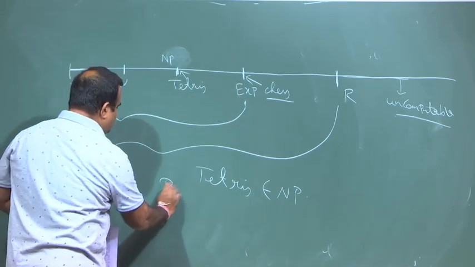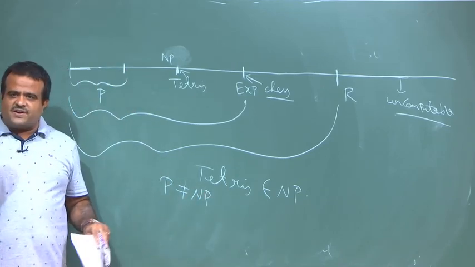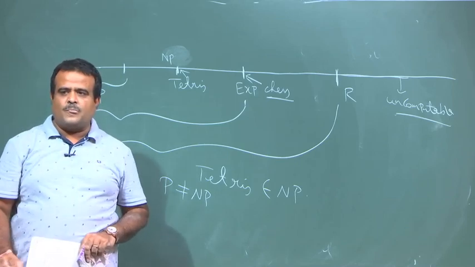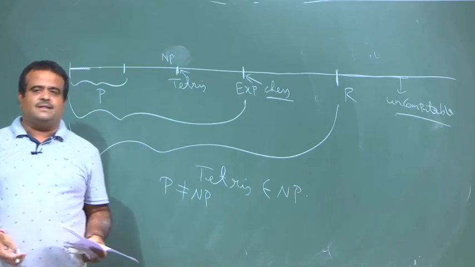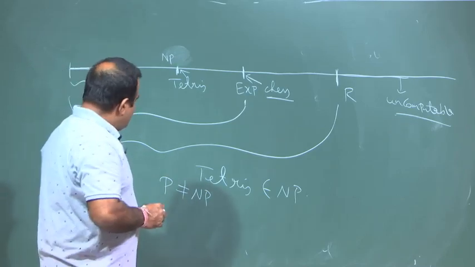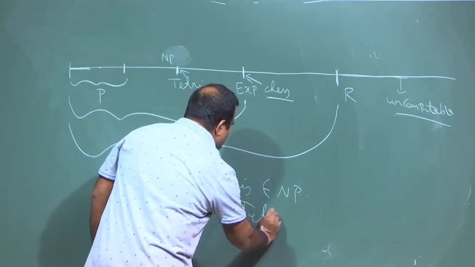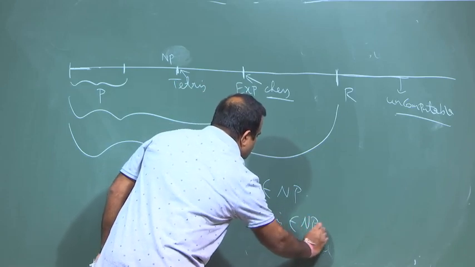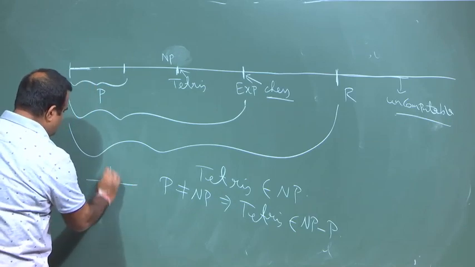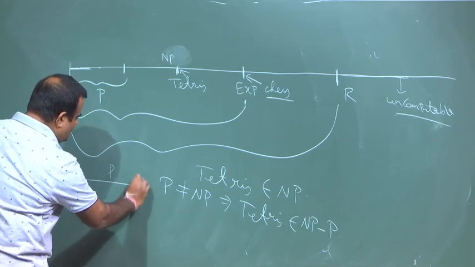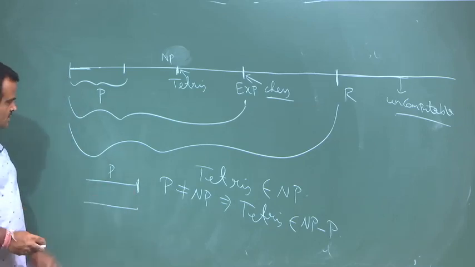If we use the conjecture P not equal to NP, then Tetris must be one of the problems which is in NP minus P, because we do not have any polynomial time algorithm for this decision problem. Otherwise, if P equals NP, this is P, this is NP, if they are equal, then Tetris must be sitting here. It is the hardest problem, because we have no polynomial time algorithm to solve this.